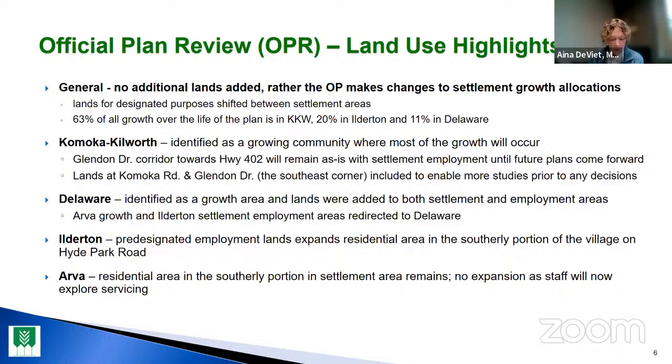So moving on to Delaware, as I noted, this was identified as a growth area and includes changes to both settlement and employment areas. So the growth that originally was thought might happen in Arva was shifted to Delaware. And as I noted earlier, the employment lands from Elderton were also redirected to Delaware.